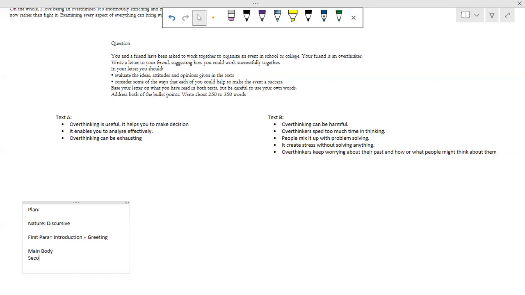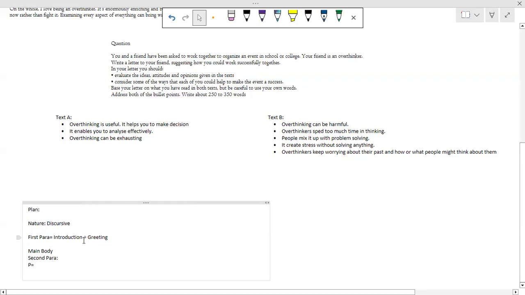So the second paragraph, the point that I'm going to take over here would basically be the first one. Like if you overthink, it helps you to make decisions. So that means it helps you to make decisions.